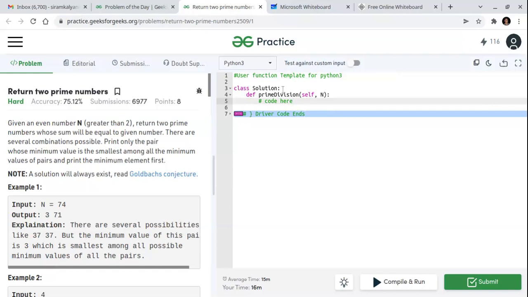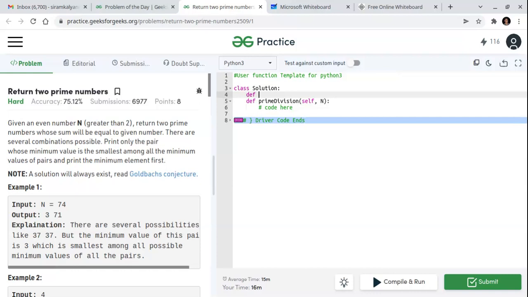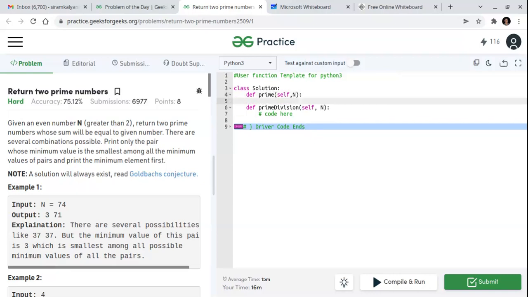Now the basic thing we need to do is first write the prime number check. We need to define whether a number is prime or not, so we are writing that function. The basic numbers that are prime are 2, 3 and 5.